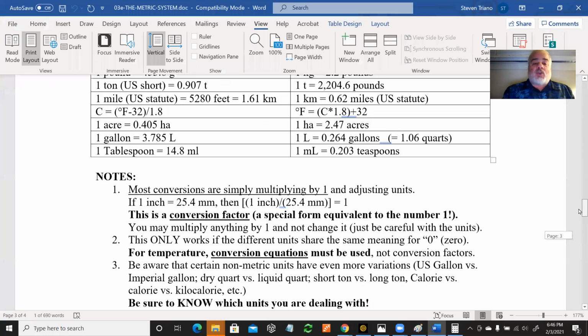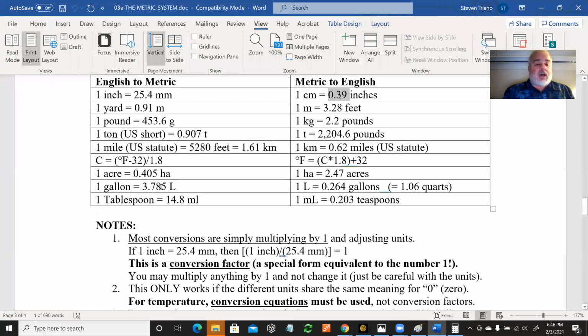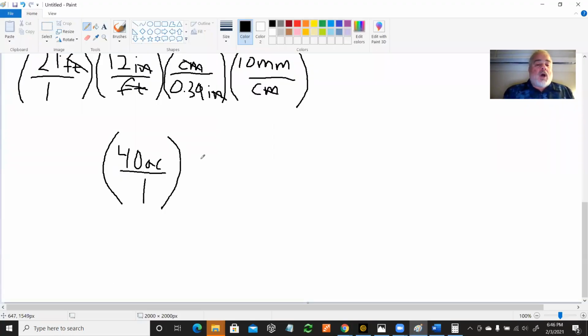And it doesn't matter which one of these I use. At the lower half of this table, I can use acres equals hectares or hectares equals acres. I don't care which one. They'll both give you the same number within rounding error. So 1 hectare is 2.47 acres. Let's use this one. 1 hectare is 2.47 acres.